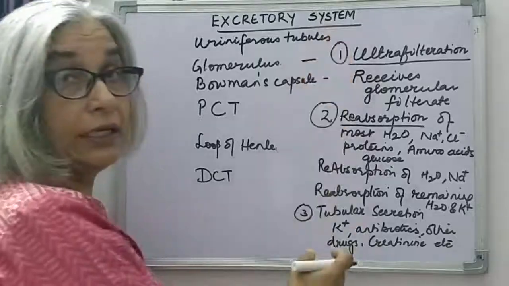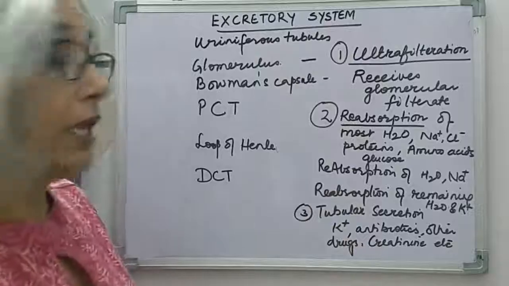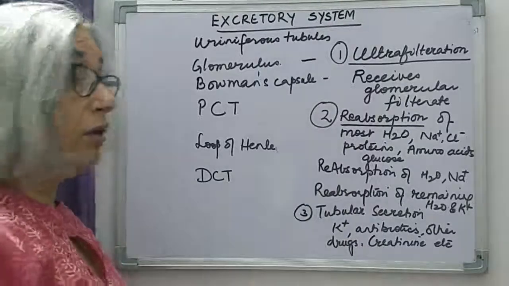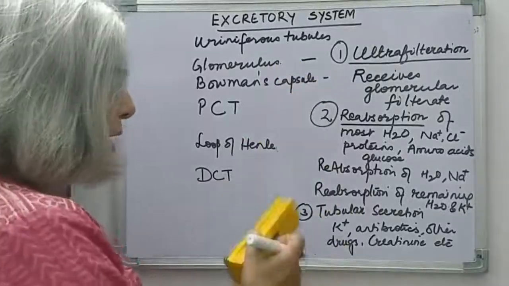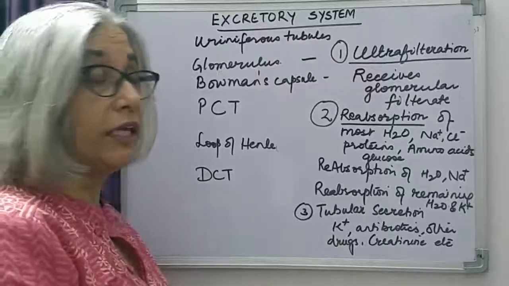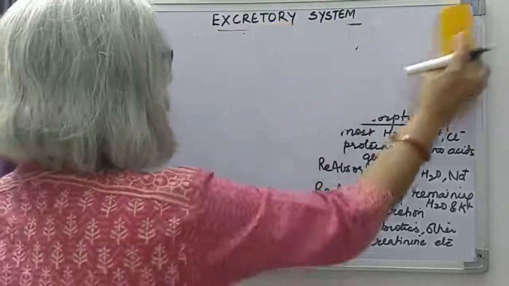After filtration of blood and these 3 steps, what is removed from the kidney is the urine.